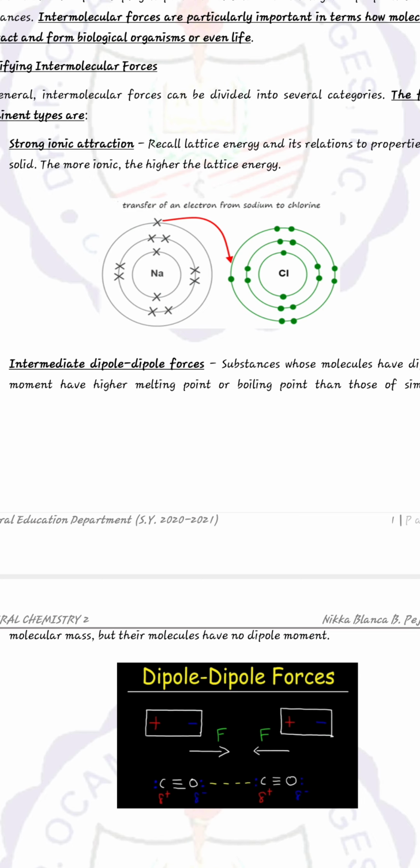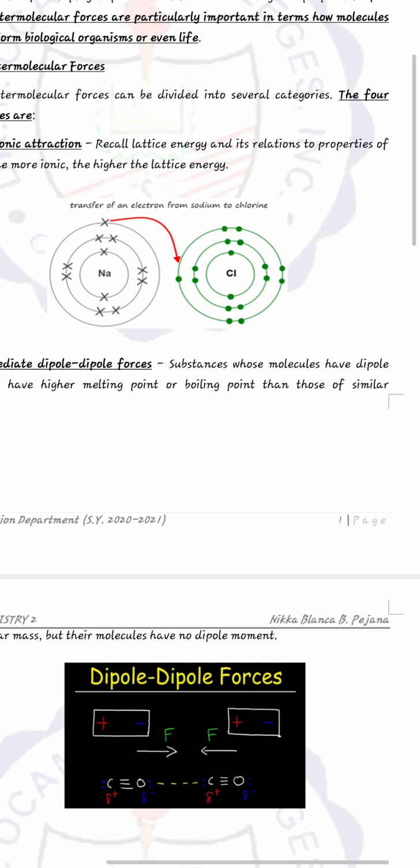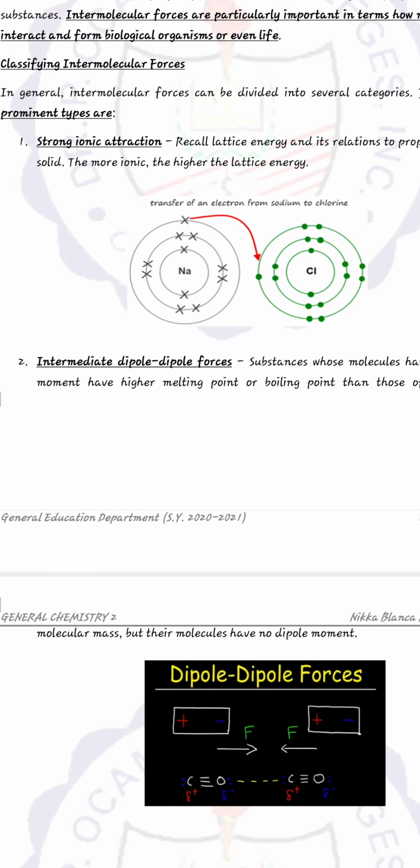So meaning to say, substances whose molecules have a dipole moment have higher melting and boiling points. But it is very different if we compare it to another substance that has no dipole moment. They have a similar molecular mass, but their molecules have no dipole moment.